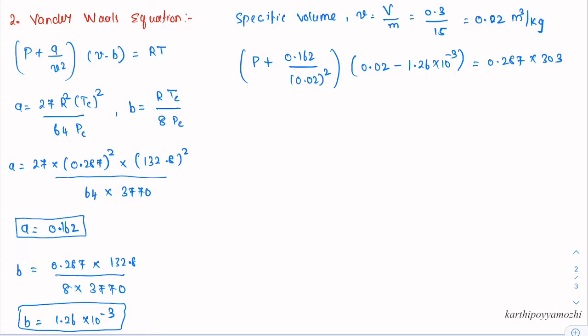By calculation you will be getting (P + 405) into 0.01874, which is equal to 86.961, and the value of P is calculated as 4235.4 kilonewton per meter square.